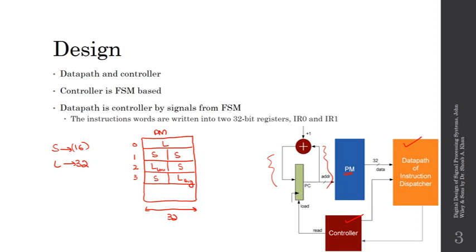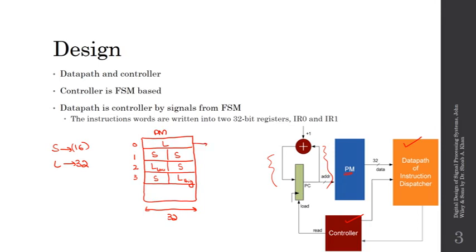It totally depends. Because of this kind of packing in the program memory, the mechanism through which the instruction dispatcher works becomes very critical. For the sake of understanding, we say that we start off with PC equal to 0, so the first instruction that's going to be executed is a long instruction.